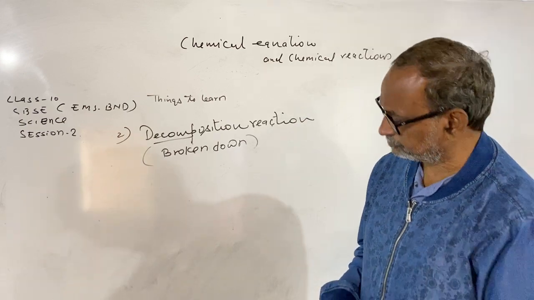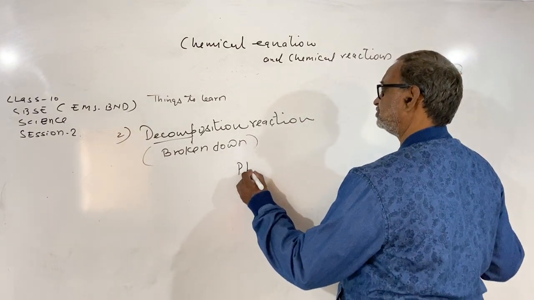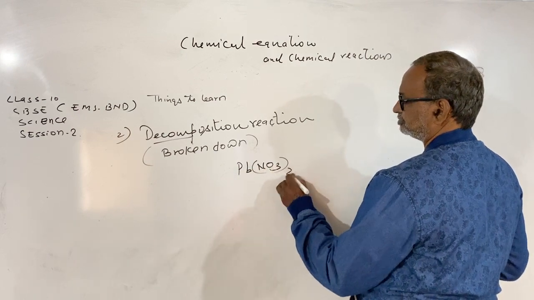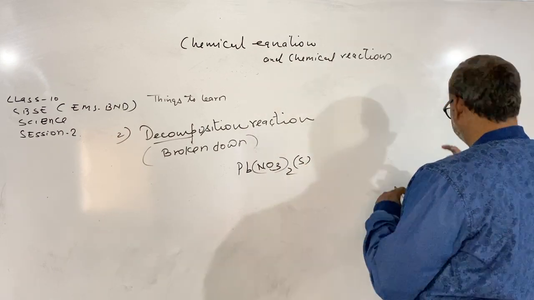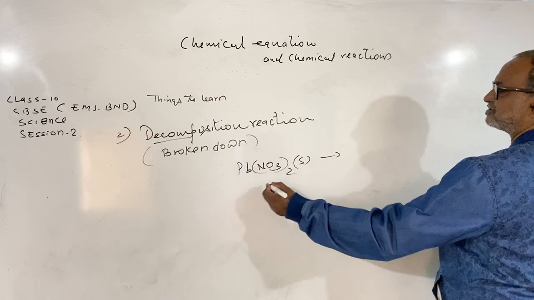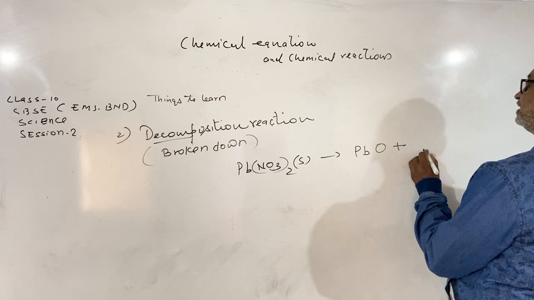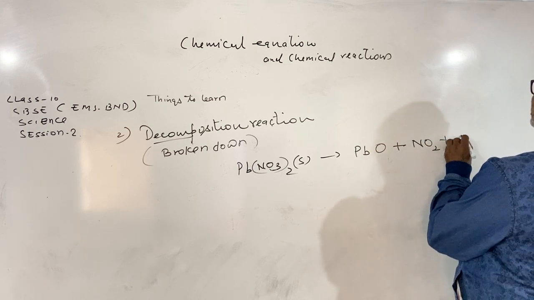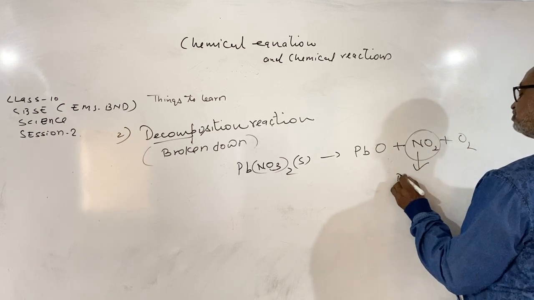Similarly, when lead nitrate crystals, which are solid colorless crystals, are heated, lead nitrate decomposes into lead monoxide, nitrogen dioxide and oxygen. This nitrogen dioxide is brown in color.